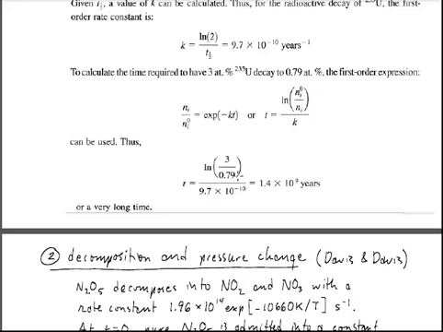We take the logarithm of the ratio, and since we now know the value of k, we just solve for the time. That algebra has been done in this line for you. The time is the log of the ratio of the initial to the final divided by the rate constant that we already solved for using the half-life. The time that it takes is 1.4 times 10 to the 9 years.